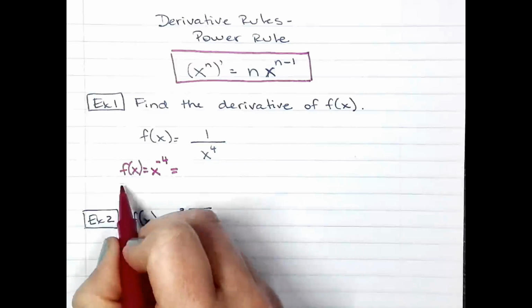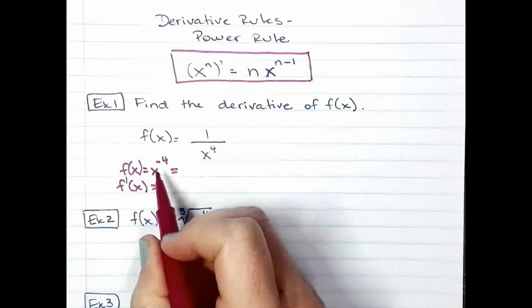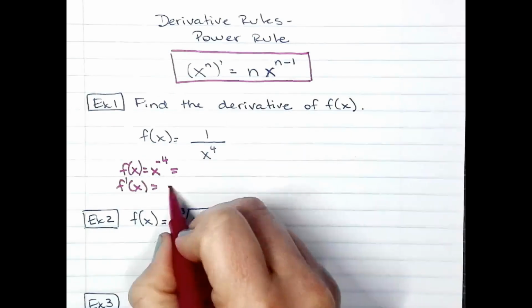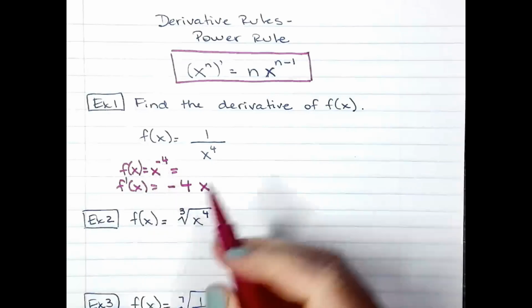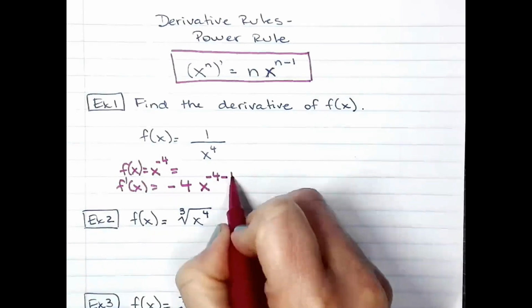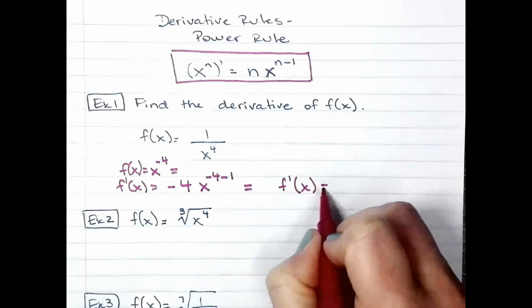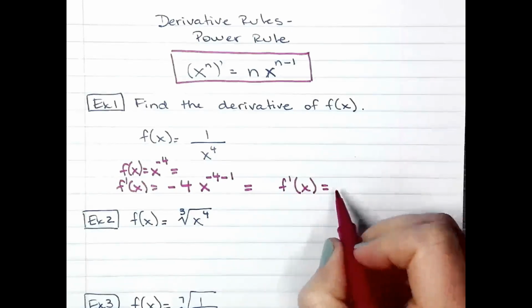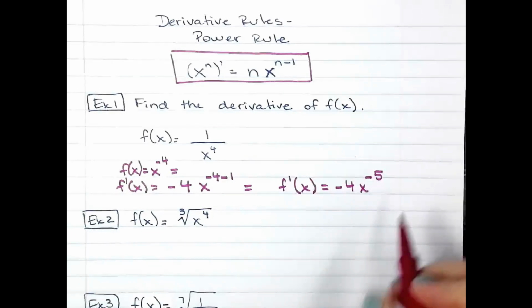So the derivative of f of x, negative 4 goes out in the front like it did here. And then I will decrease 1 from the exponent. So negative 4 minus 1. Simplify and make it pretty. So the derivative of that function will be negative 4x to the power of negative 5.